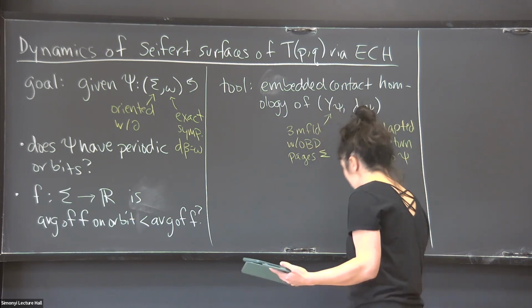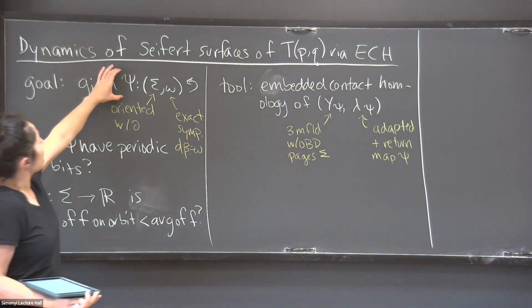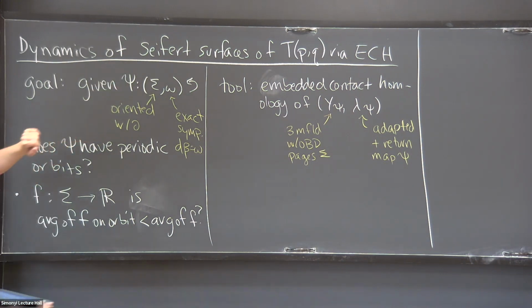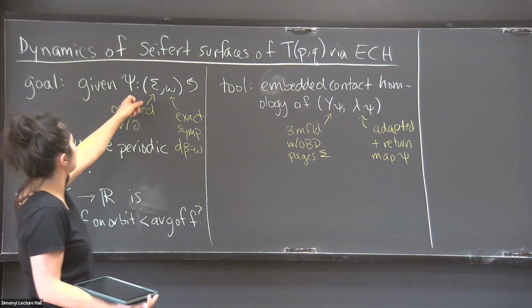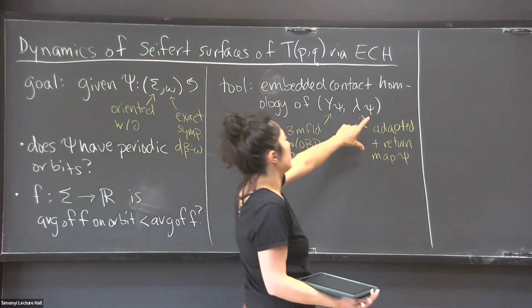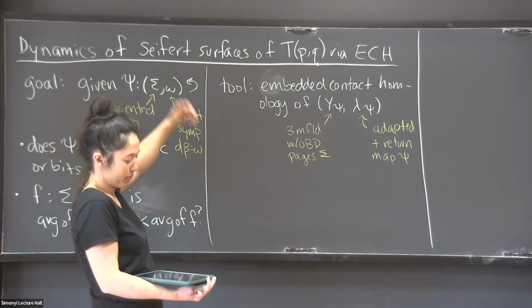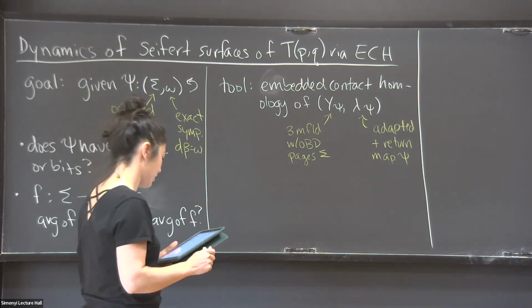is psi. So if you've seen this before, basically not every surface symplectomorphism can be the return map of an open book. So you mess with this until it can be, construct the right open book, and then the Reeb flow will give you exactly this map back as the return map. We'll go over that in a little bit more detail later.